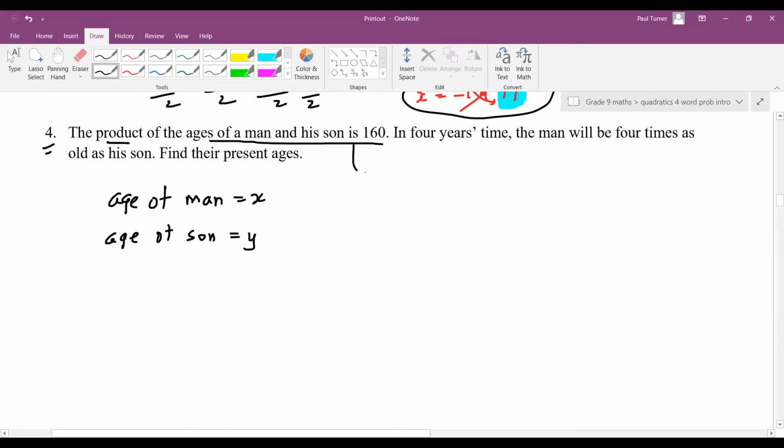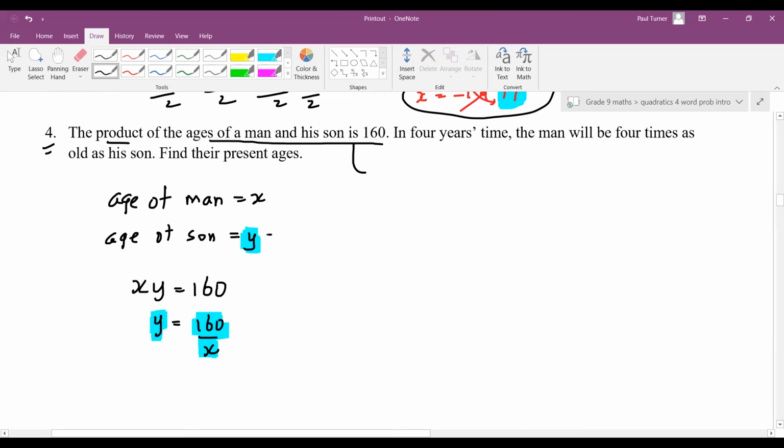But you do read here that the product of their ages is 160. So that's the same as saying xy equals 160, isn't it? Okay. But from here, I can say that y is 160 on x. So what I'm going to do now, I'm going to replace that y with 160 on x for the son's age.